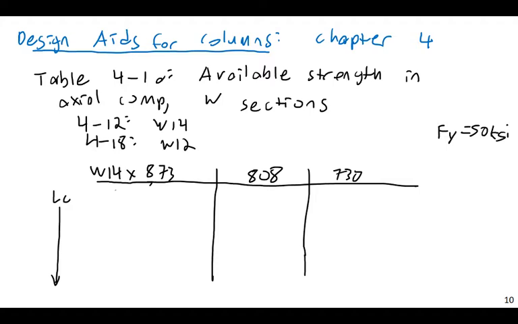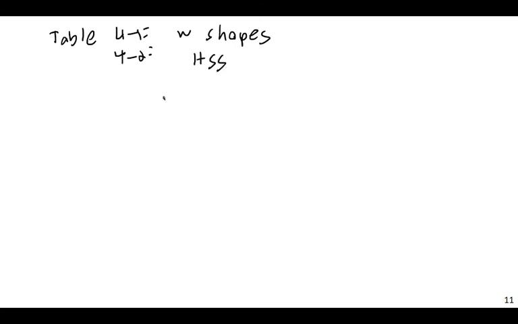There are many other tables in here. Basically all of Table 4-1 is going to be this sort of thing for W shapes. 4-2 is the same thing except for HSS shapes, hollow square tubing shapes. 4-3, let's see, here, more HSS.